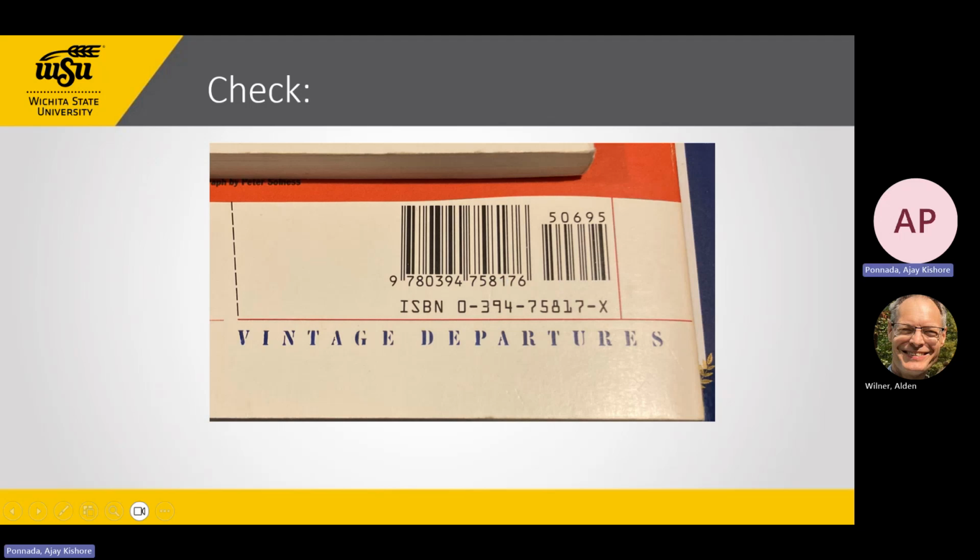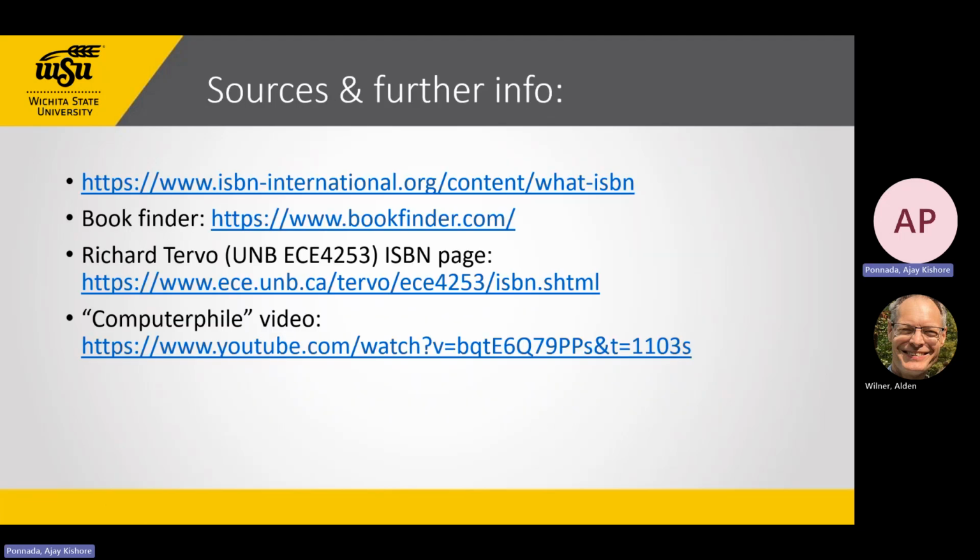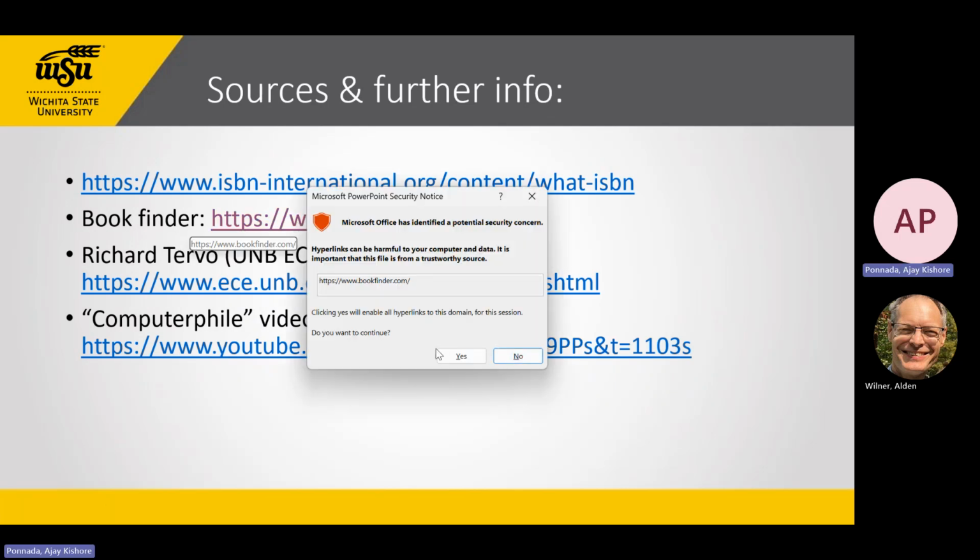So this was taken from this book, and these are the sources we have. Bookfinder: if we go into this link, we can enter the ISBN number and find which book it is.